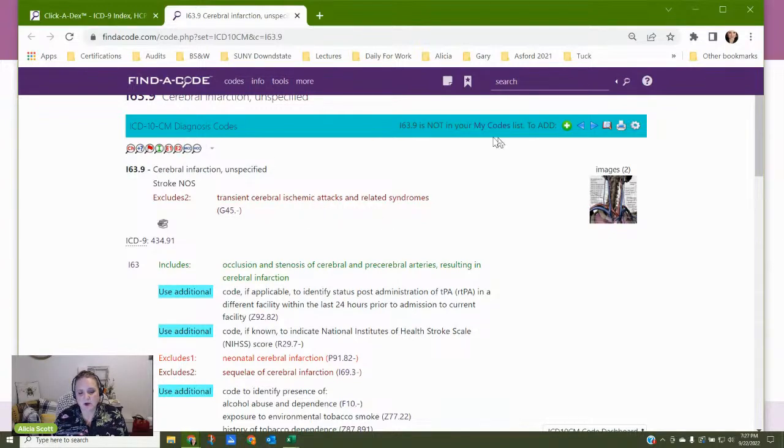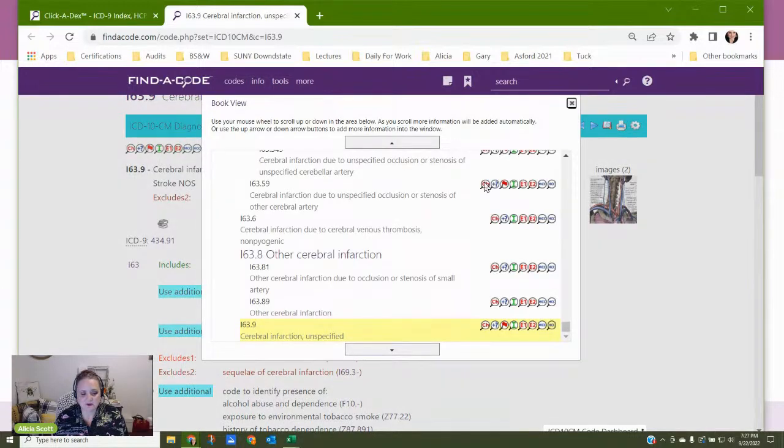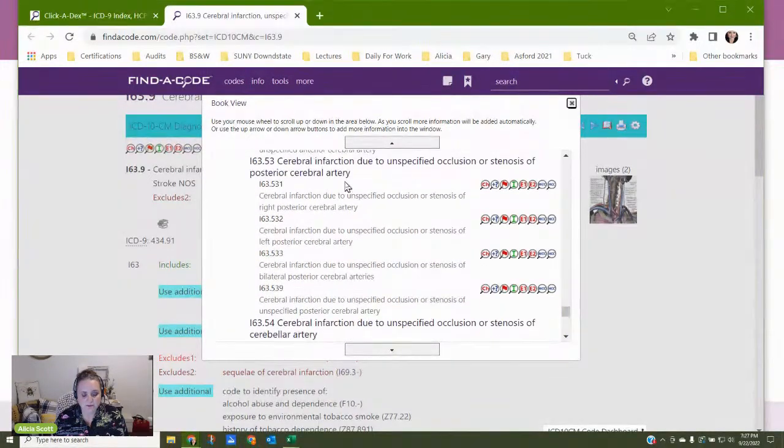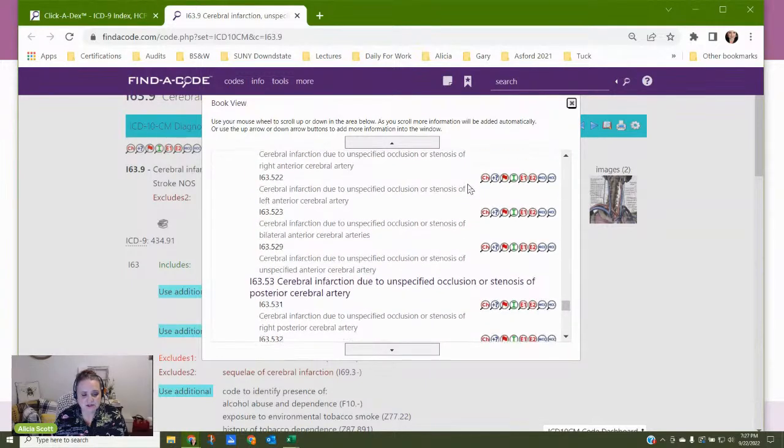And what are the different types of information? We could have other, I already told you what to find other, due to unspecified occlusion or stenosis of the cerebral artery. We can go up due to occlusions.